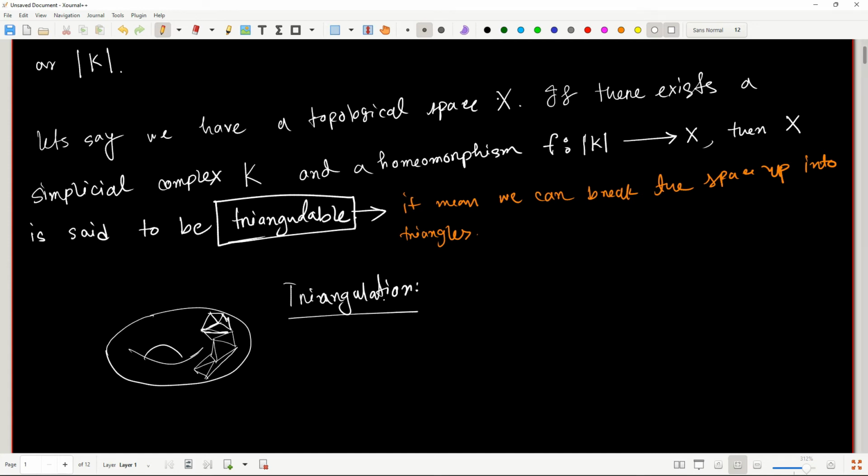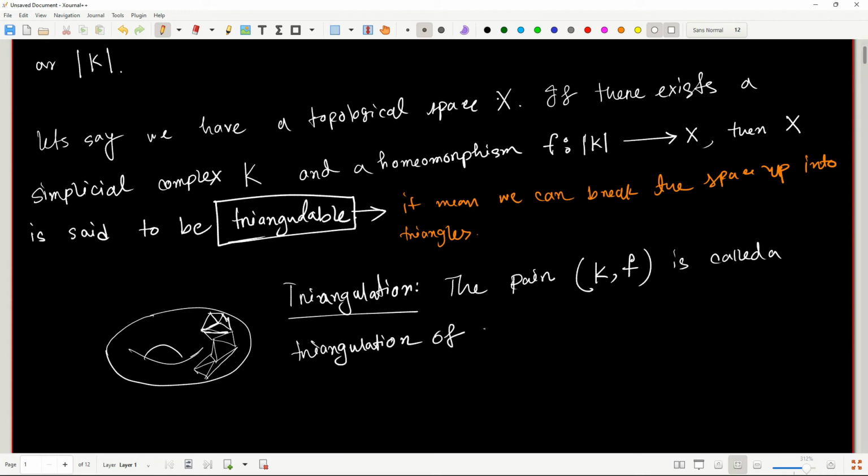Triangulation: the pair of the simplicial complex with this homeomorphism is called a triangulation of X.